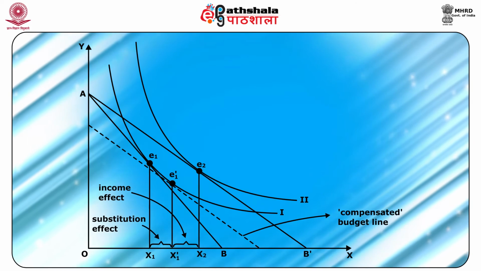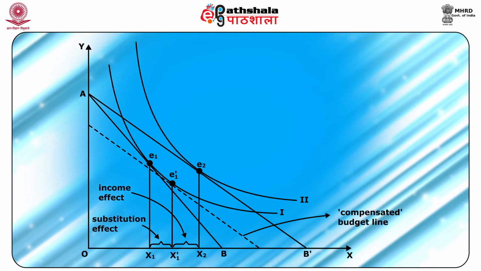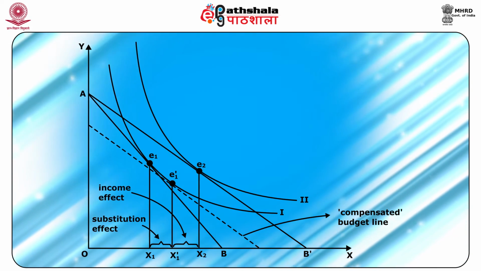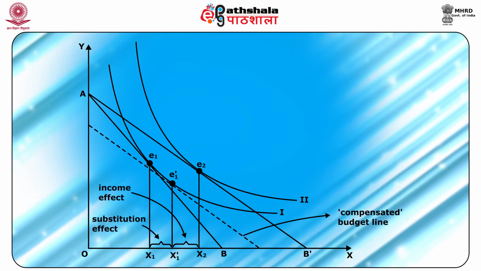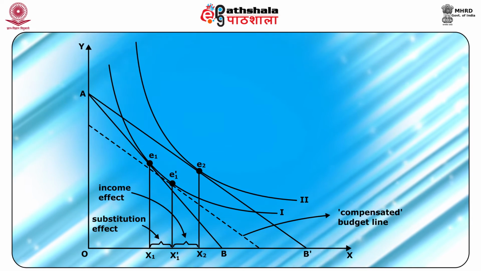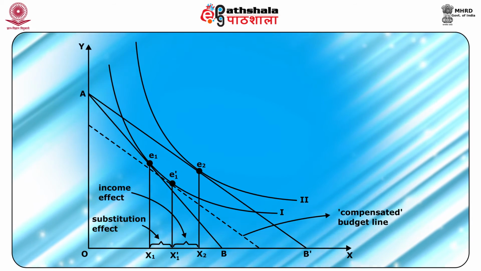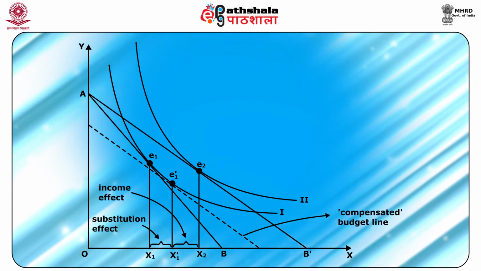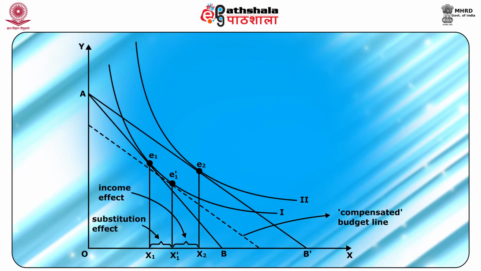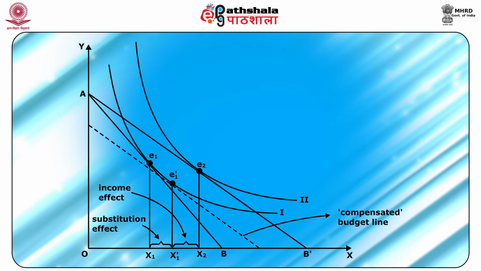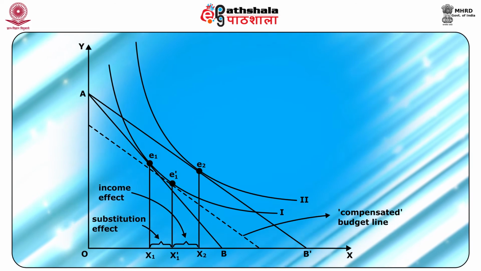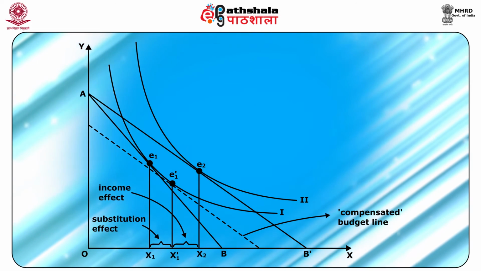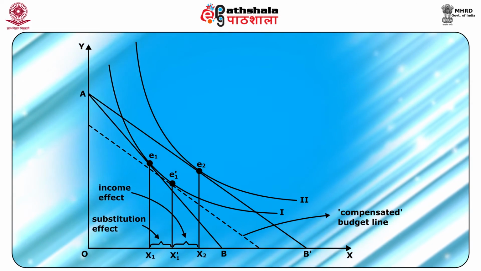In the case of normal goods, we start from point E1. At this point, indifference curve 1 is tangential to the budget constraint AB, and when the price of x falls, then there is a compensated budget line, which is the dotted line, and the slope is now lower.